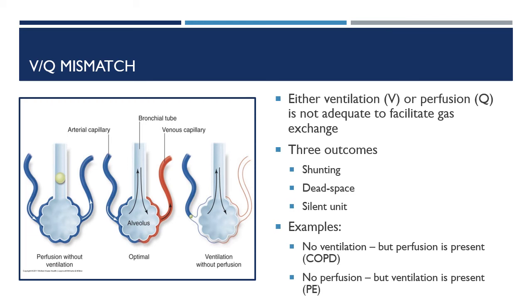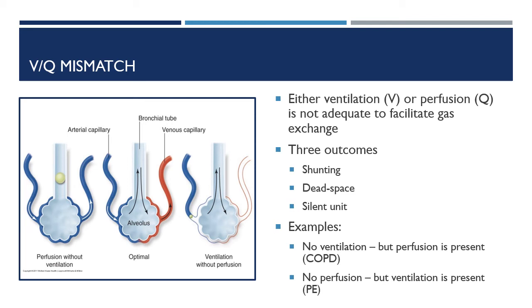Say you have COPD with lots of mucus in parts of the airway, in the bronchial tubes, and those alveoli aren't receiving any oxygenation. They're not being ventilated. So the blood continues on through, but there's really very little gas exchange because the bronchial tubes are blocked in that area.